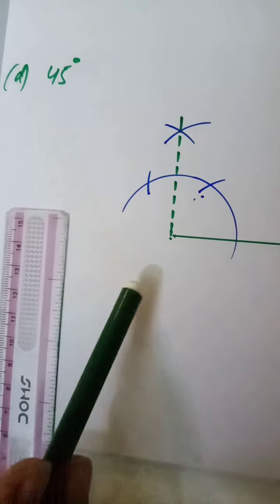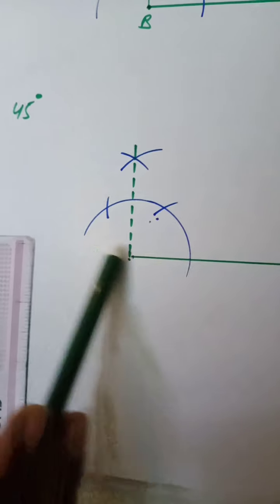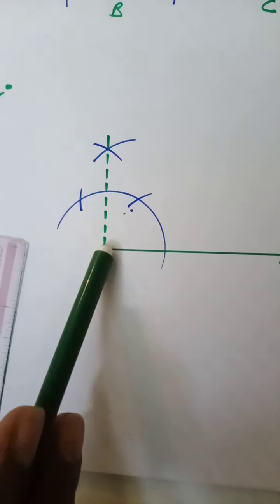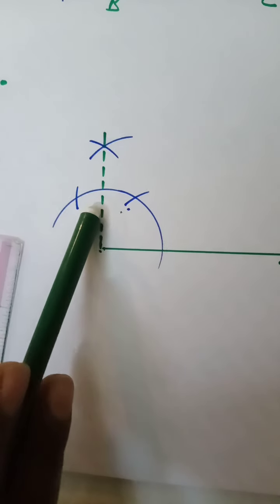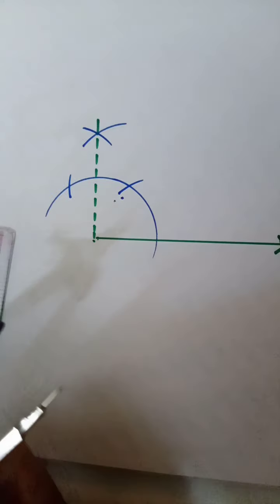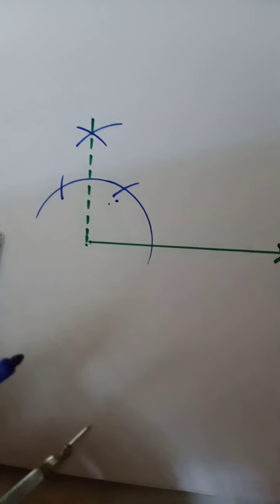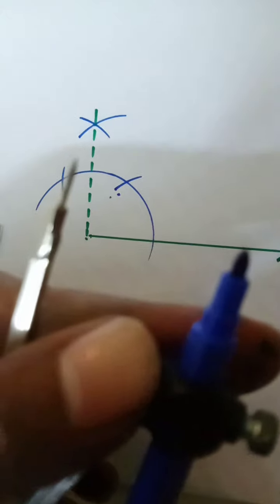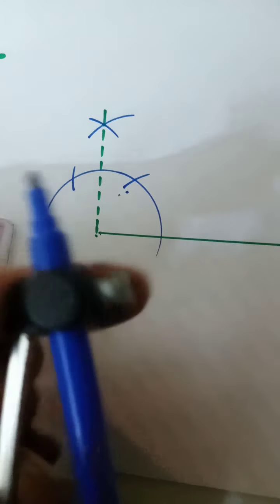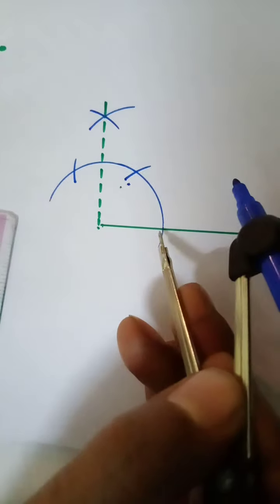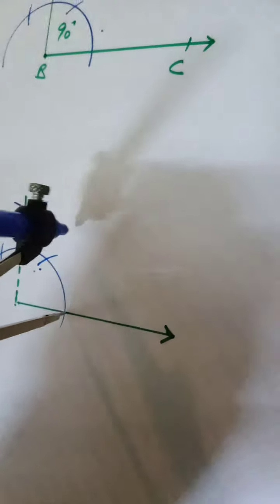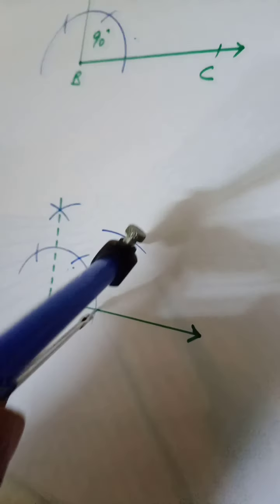Okay. Angle of 45 degree. For this, first of all we have to draw an angle of 90 degree, but here we have drawn this line dotted because it is not our main angle. Okay. Now what we have to do? Now we will take, after construction of angle 90 degree, we will take the compass and now we can open it little more. Okay, now put the needle here at starting point of the arc and draw an arc between this gap here, like this.